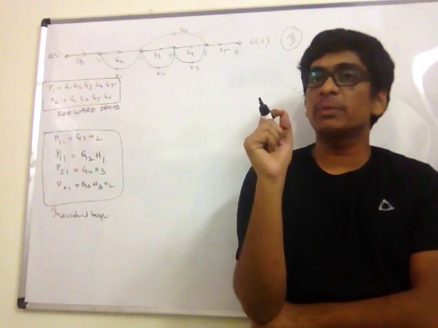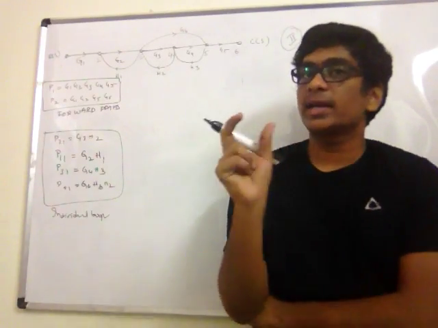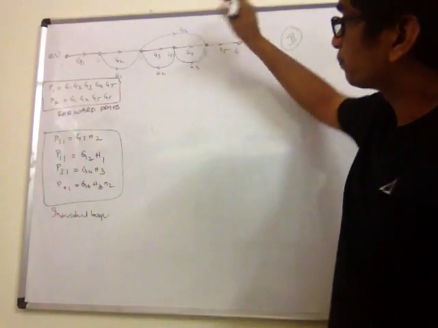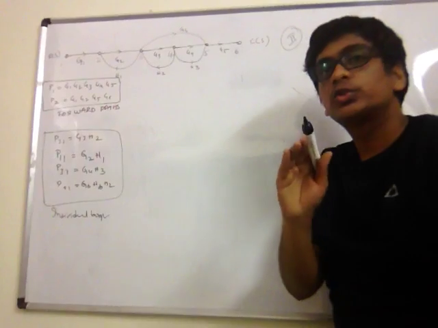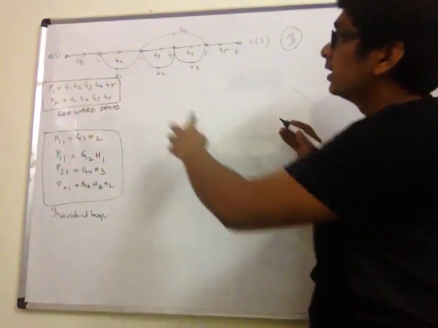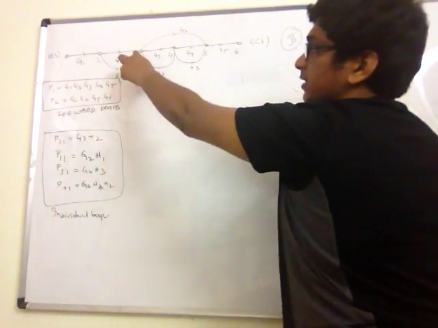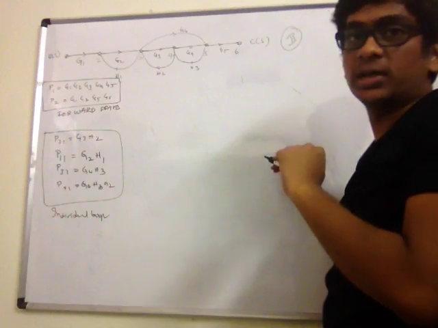So what we mean by non-touching loops, I actually explained in the previous video too, but what exactly I mean is, are there any 2 loops which do not intersect or which do not touch each other? Yes, we have this loop and this loop which do not touch each other.